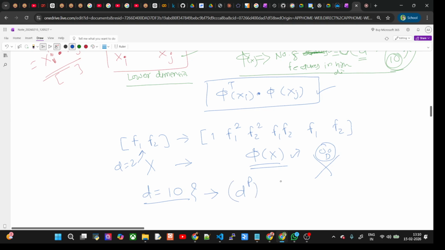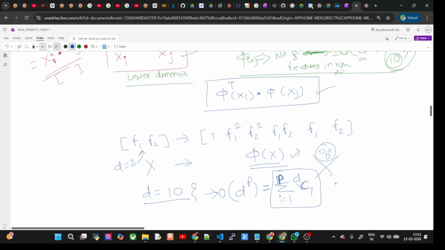How you get this is d choose i, with i equal to 1 to p. So if you calculate this many features you need to get in the higher dimension, then the time complexity for getting that is d raised to p.